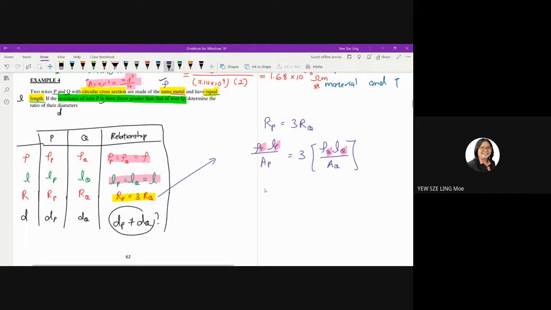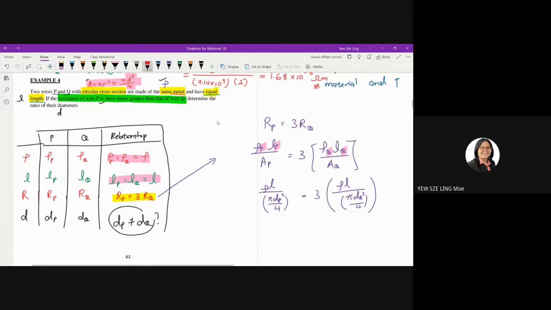So what I have now is rho L over pi dP squared over 4 equals 3 times rho L over pi dQ squared over 4. This is the equation after I simplify and expand it according to the information that we have.